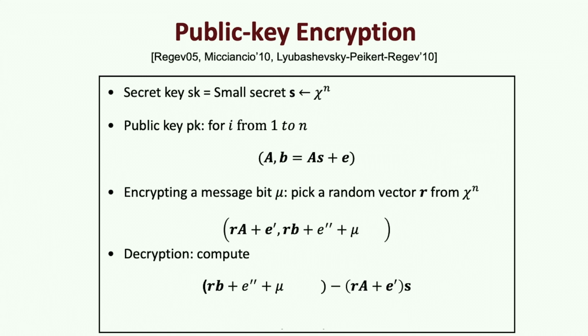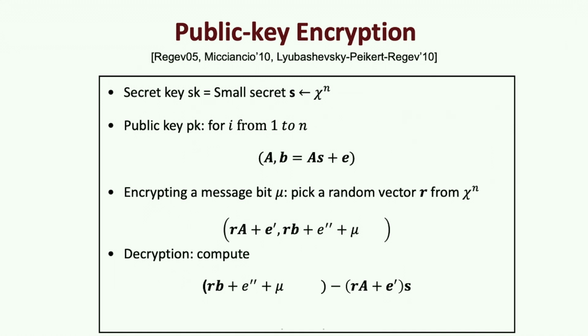Anybody? Okay, all right. Let's try to decrypt this. So R times B here is R times A times S plus R times E. R times A times S goes away here. But then there are a whole bunch of other error terms that live here.